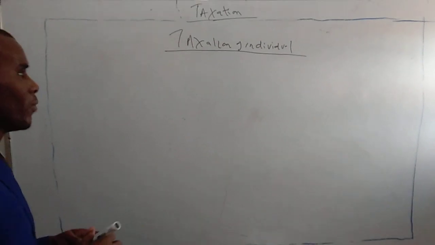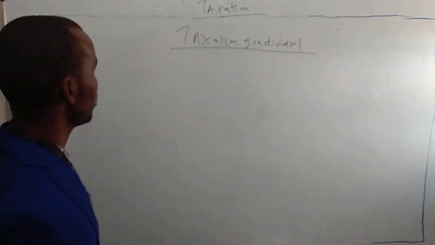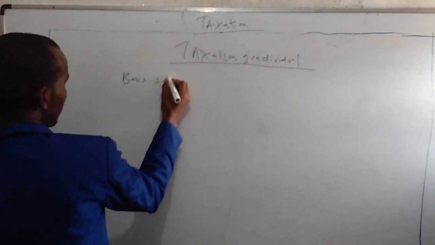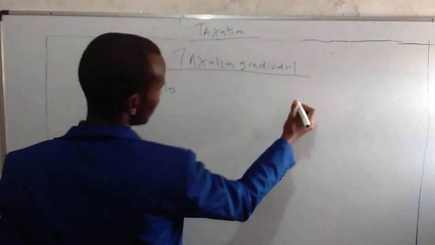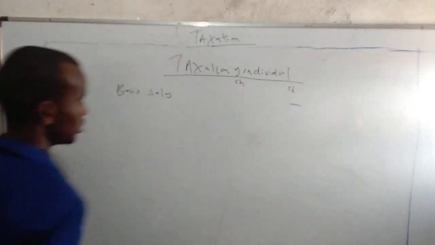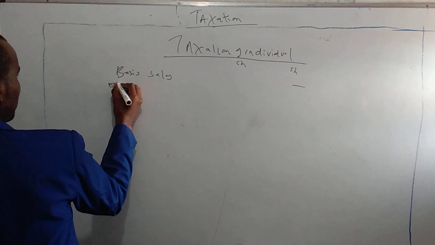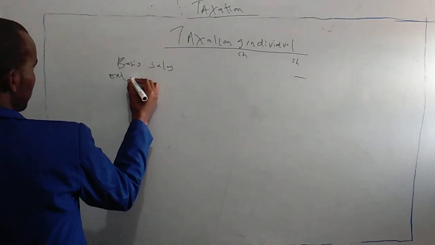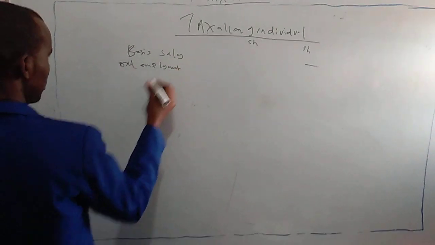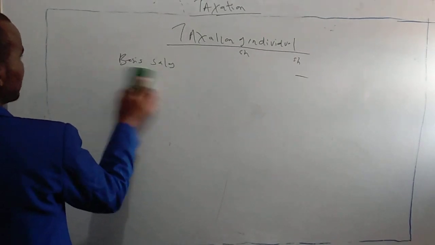So normally, for us to get the format, we have the basic salary. Then we add the other employment incomes.